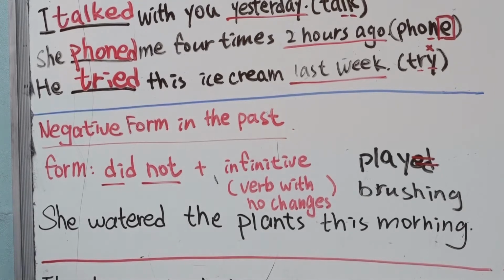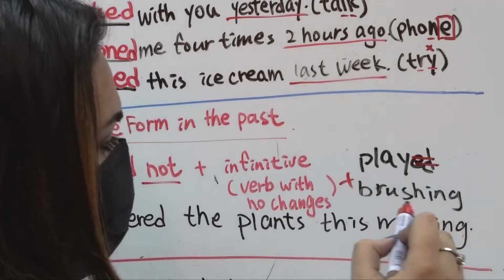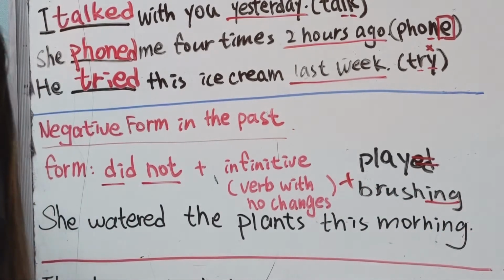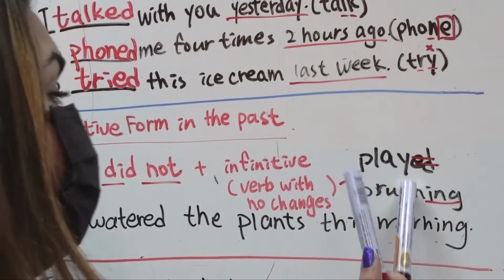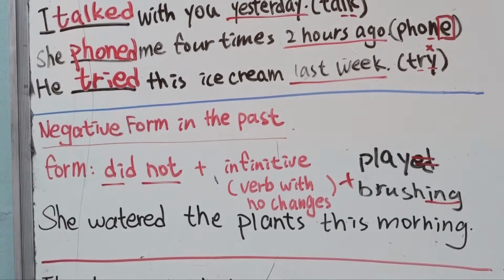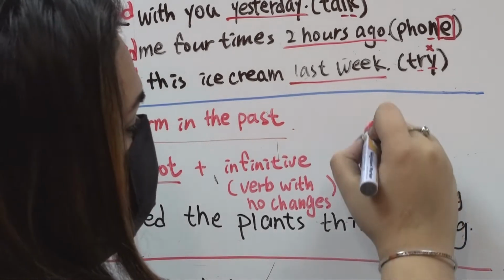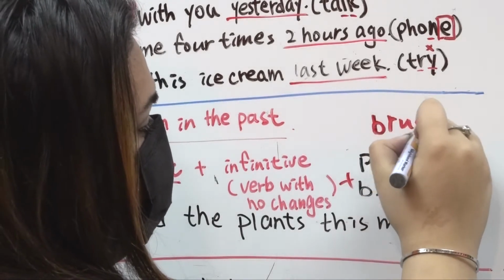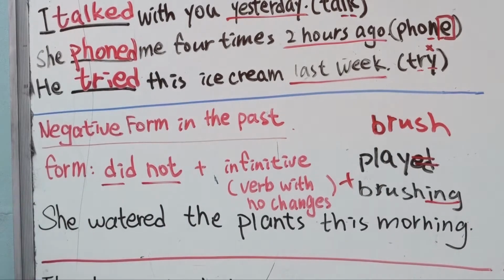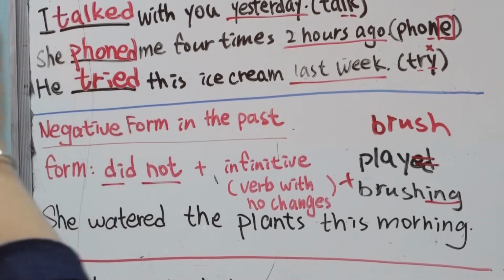It is not infinitive because it has ing, right? What is the infinitive of brushing? What is the infinitive form? That should be just brush. Okay? Let's learn how we form that.